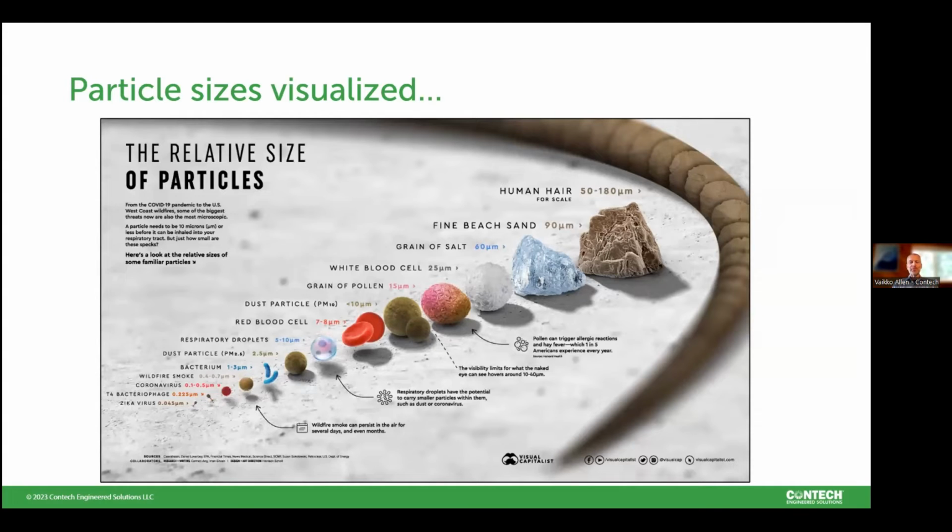So if you've been thinking that this is all a little abstract so far, here's a handy visual for you to help us visualize what these different particle sizes actually look like. So there's a human hair draped across the top. Depending on how thick or fine your hair is, maybe that's somewhere between, say, 100 and 200 microns. You see beach sand, fine beach sand there. A grain of salt is in the 60 micron or so.